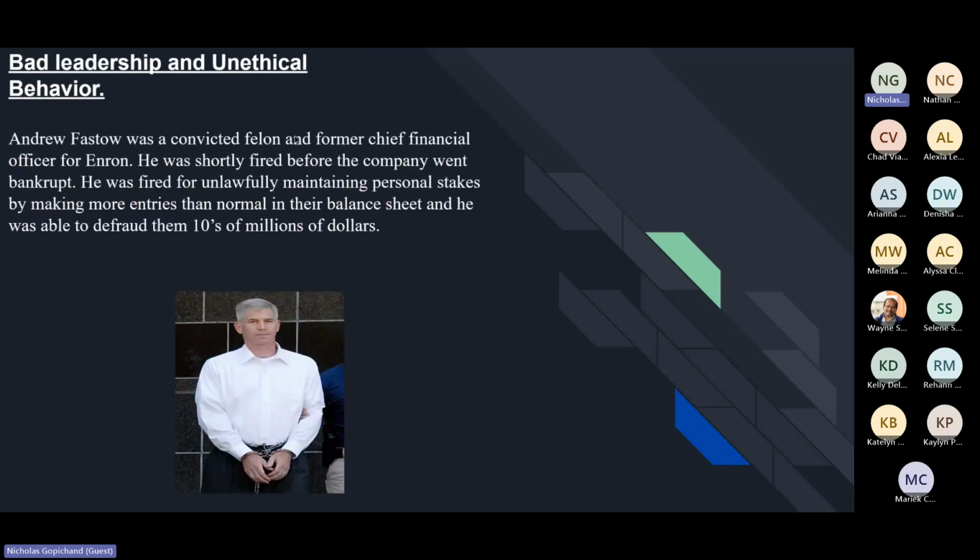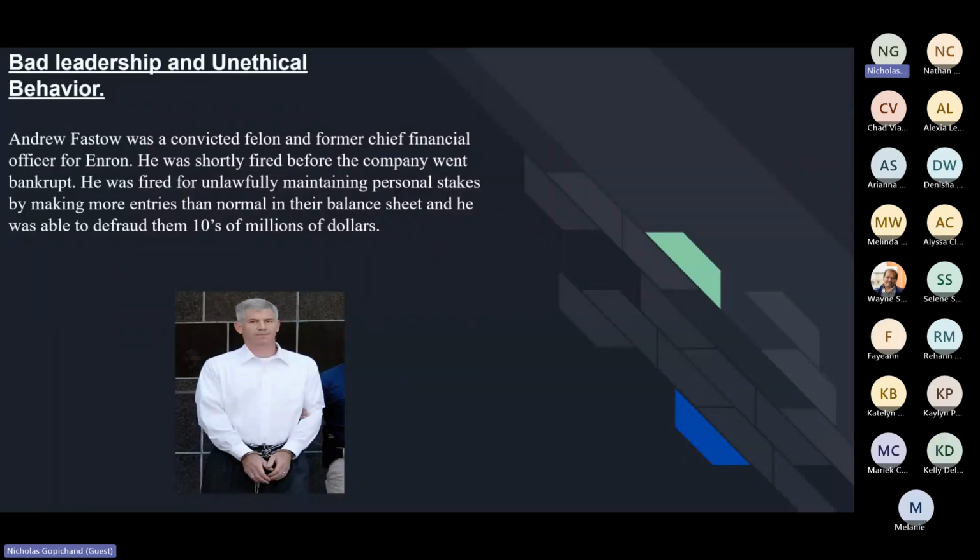Okay, well, now this is a picture of him here in handcuffs, right? This man here, his name is Andrew Fastow. He is a convicted felon and a former chief financial officer for Enron, which is an energy trading and utilities company located in Texas.